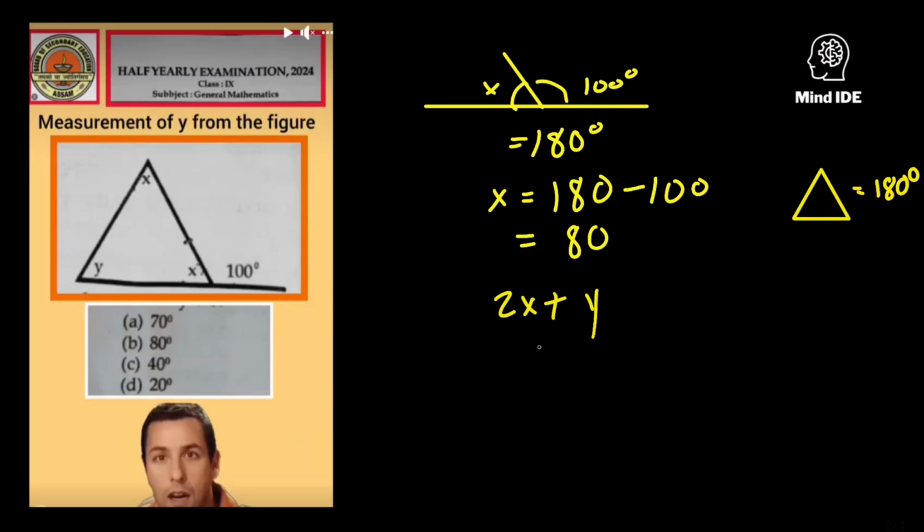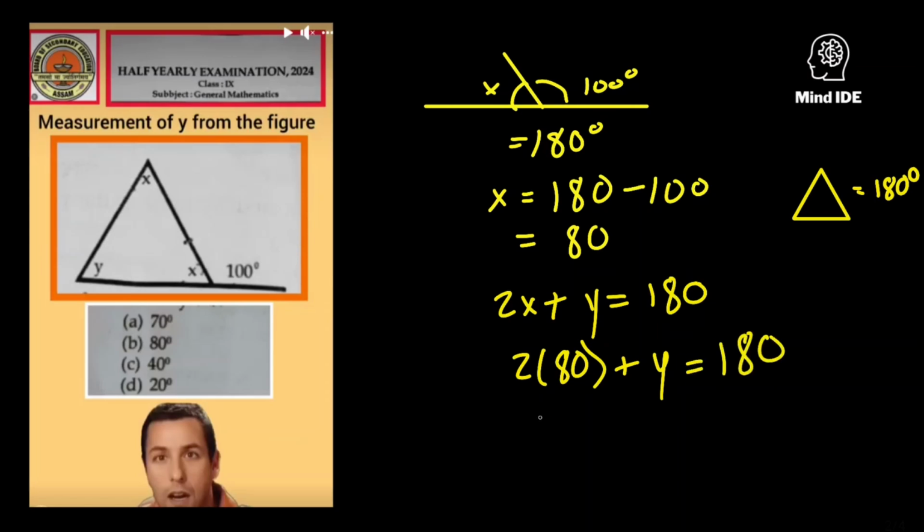So 2x plus y is 2 times 80 plus y equals 180. Therefore, if we minus 2 times 80 from both sides, we get 20.